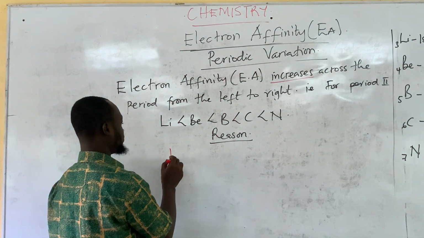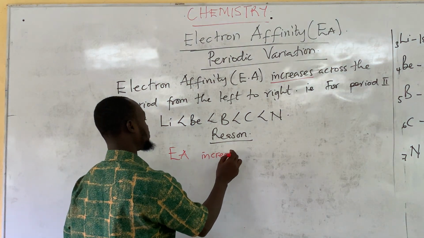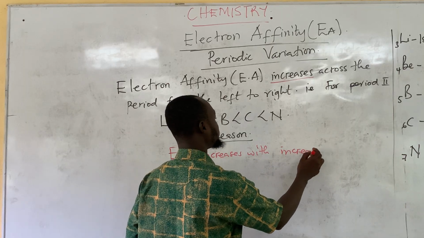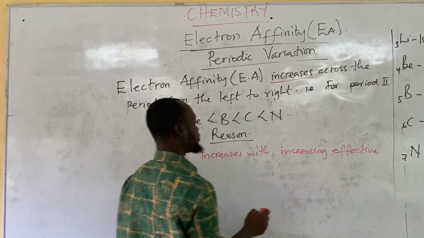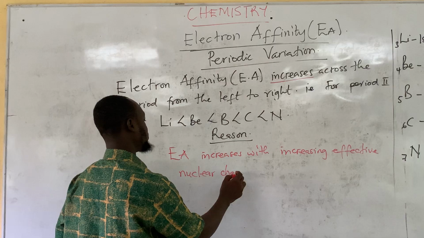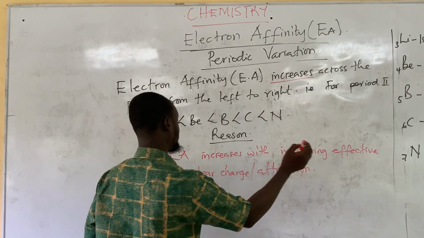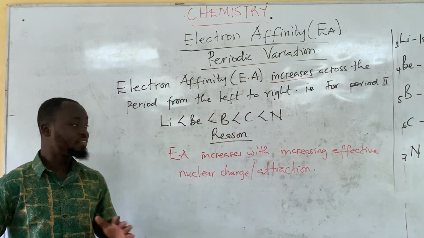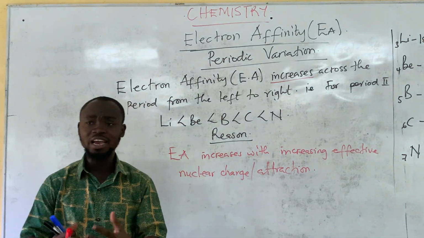EA, or electron affinity, increases with increasing effective nuclear charge, or attraction. So, in generalization, electron affinity increases with an increase in effective nuclear charge or effective nuclear attraction.